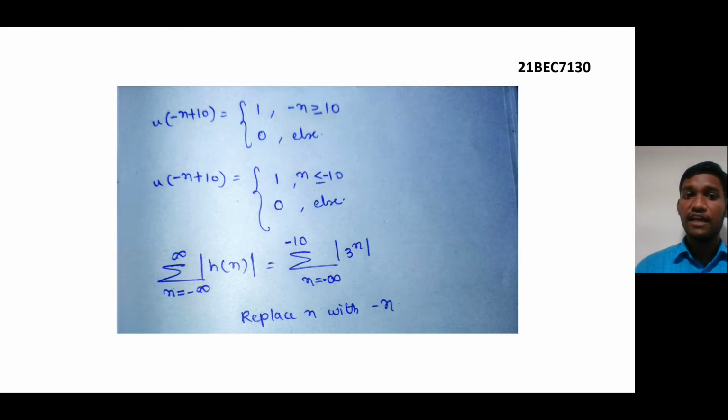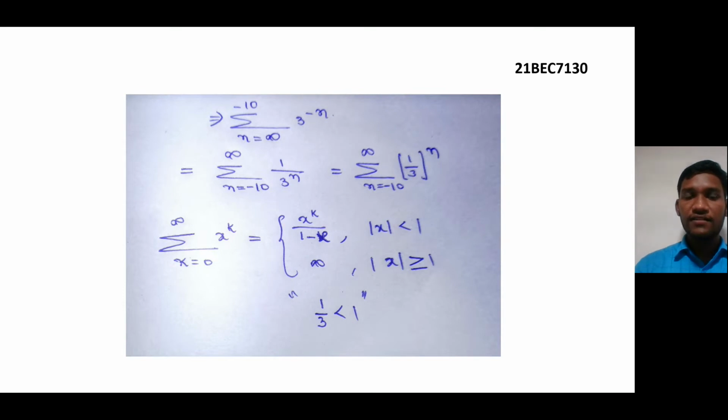Now replacing n with minus n, we have simply taken minus n instead of n here, and the limits are from minus infinity to 10, so n equals infinity. We are changing the limits, the upper limit as lower limit and the lower limit as upper limit. Then 3 power minus n, as the formula a power minus n equals 1 by a power n, we have written in this form.